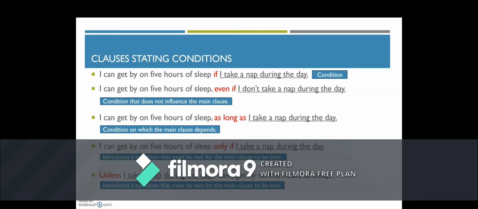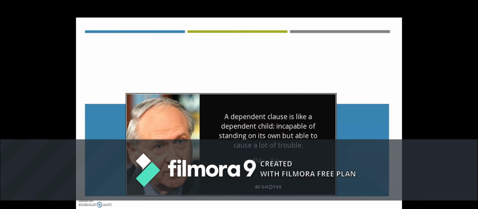I hope it served your purpose of understanding better reduced time clauses and clauses stating reasons and conditions. And remember that it is very important to learn these words and the proper use of them because we're talking about clauses, and most of them introduce dependent clauses.